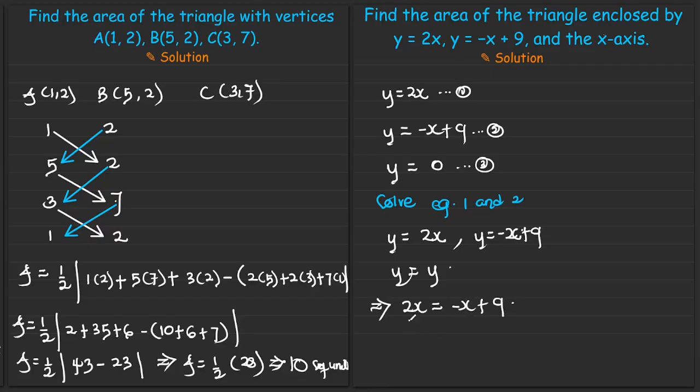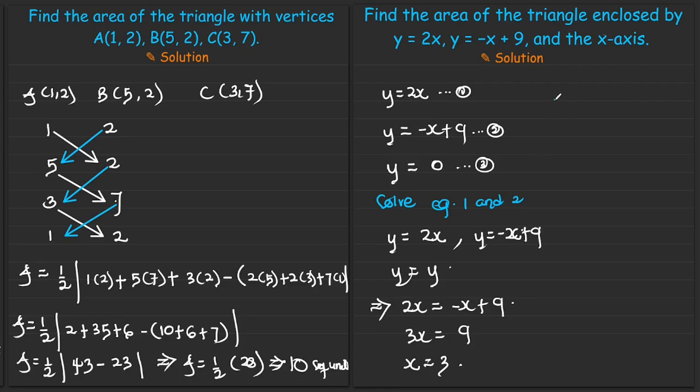Making x the subject, you have 2x, then this negative x comes to the other side to give us 2x plus x, which is 3x. So we have 3x is equal to 9. Hence our x is equal to 3.